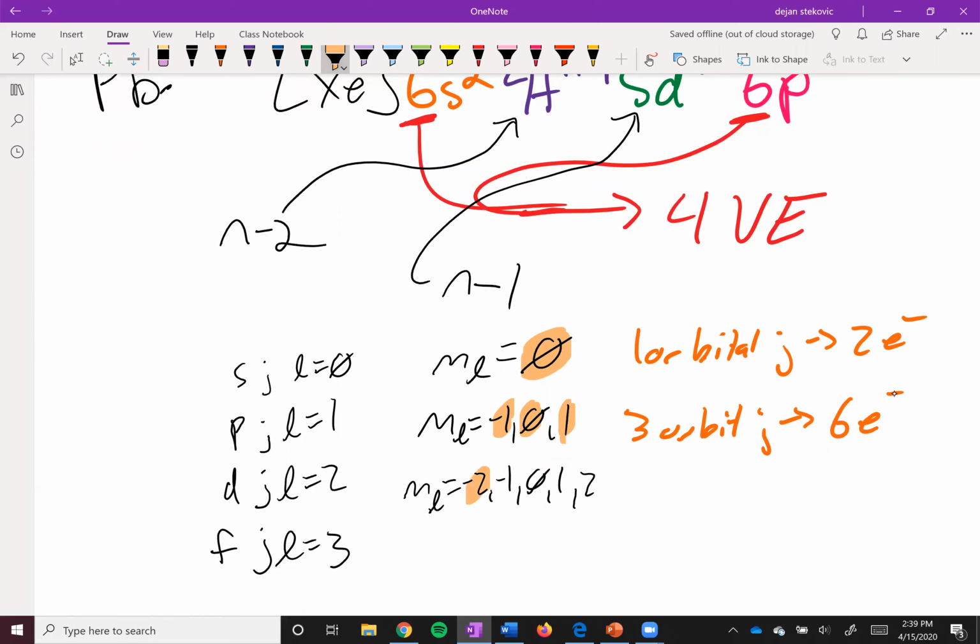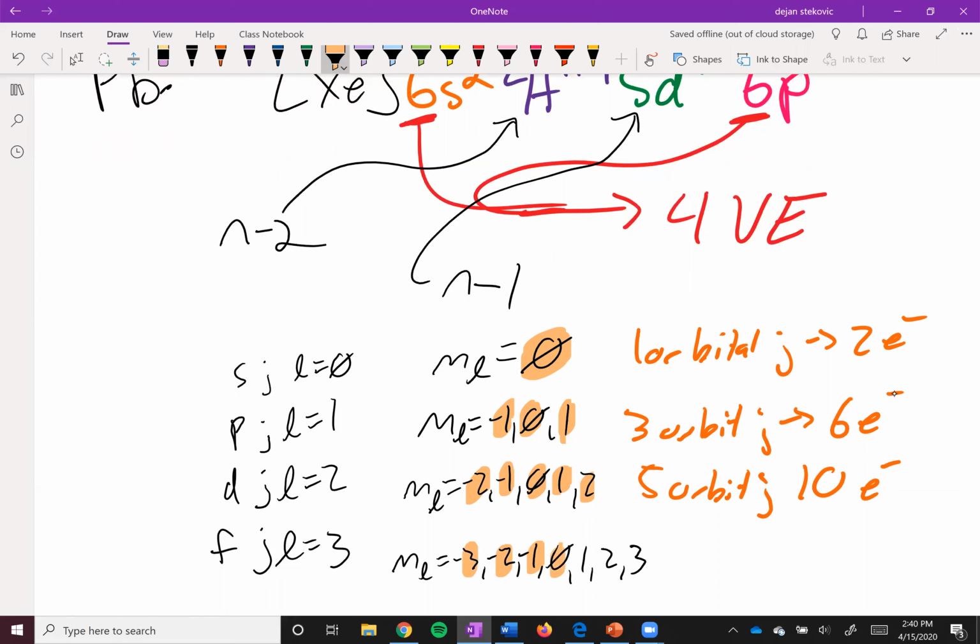That's 5 orbitals, or 10 electrons. For f, m sub l can be -3, -2, -1, 0, 1, 2, or 3. If you count that, that's 7 orbitals, or 14 electrons in there.